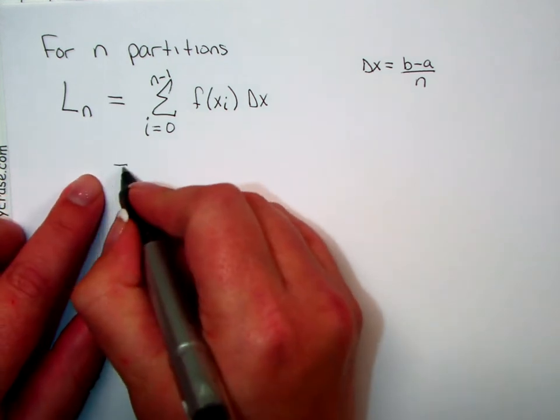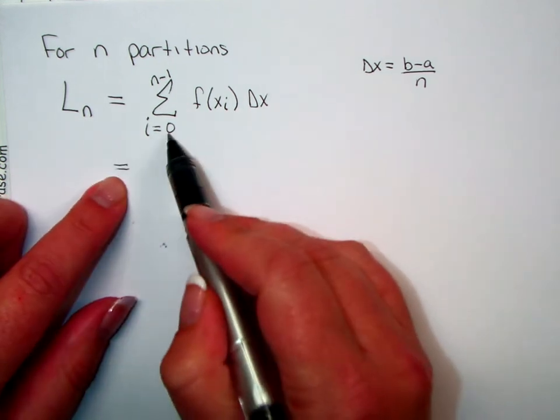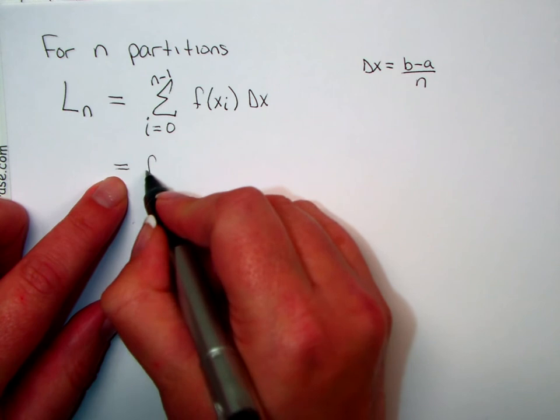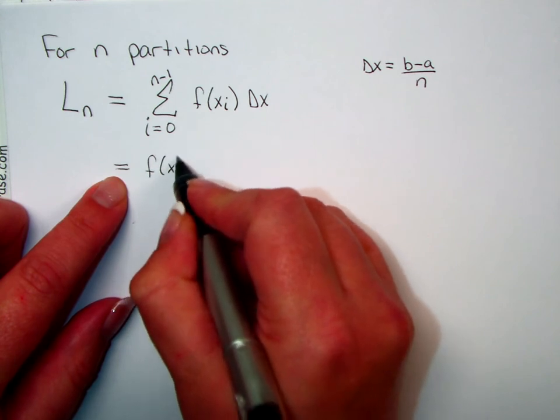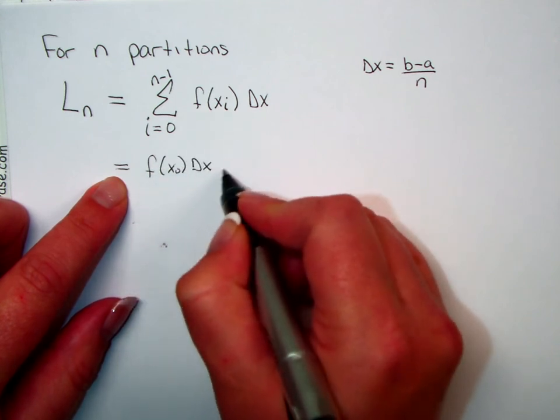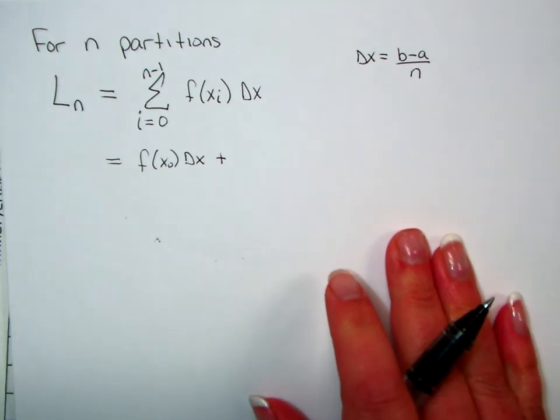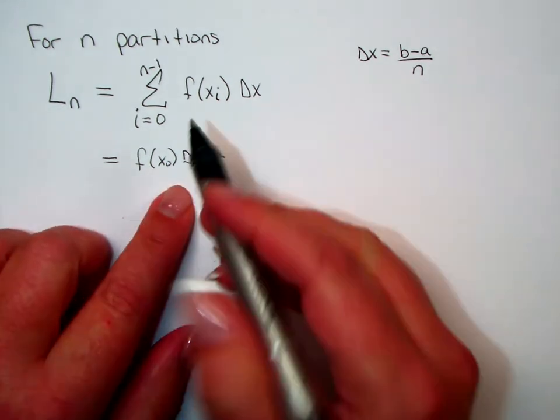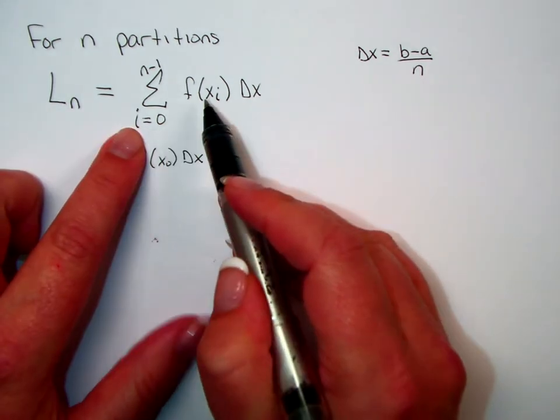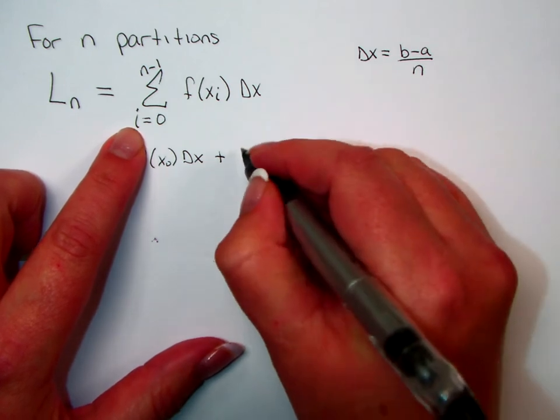So our first term here is where I'm going to plug 0 in here. So we're going to do the function value at x of 0 times delta x plus, because it's a sigma sum. Now once I figure it out for x of 0, then I'm going to increase the index by 1 and plug it in. So now we're going to do i equals 1.